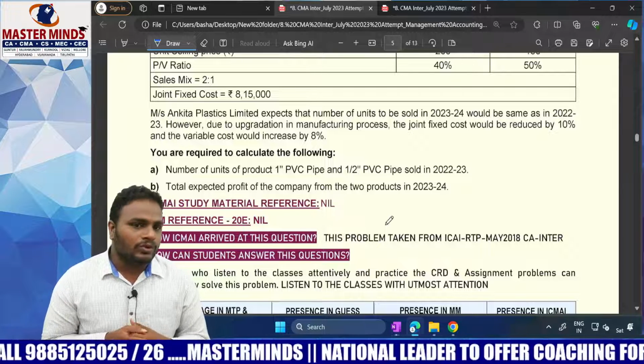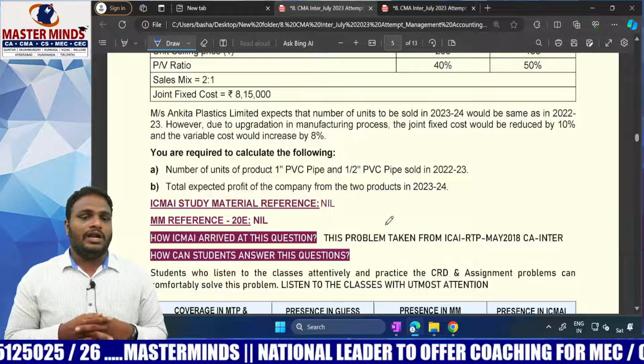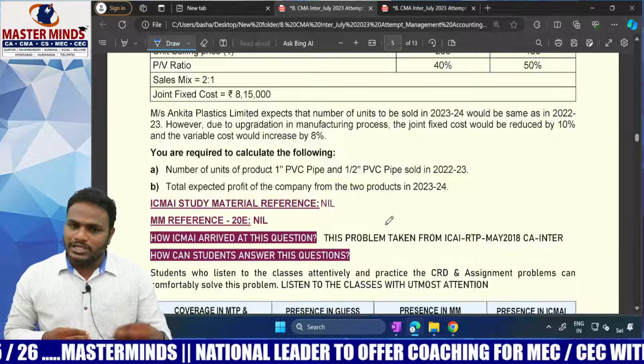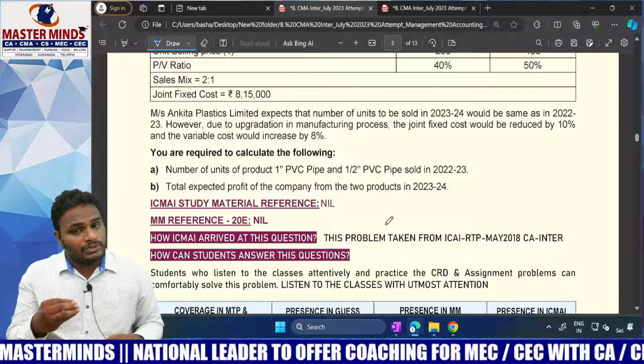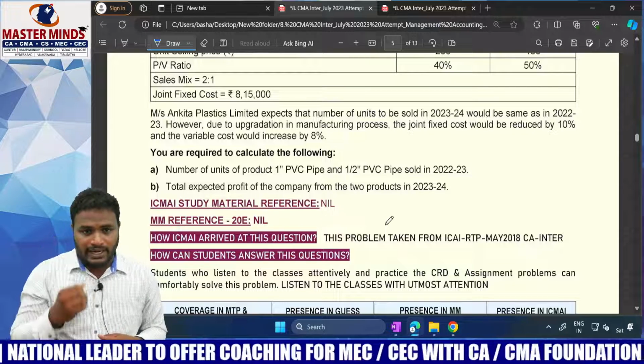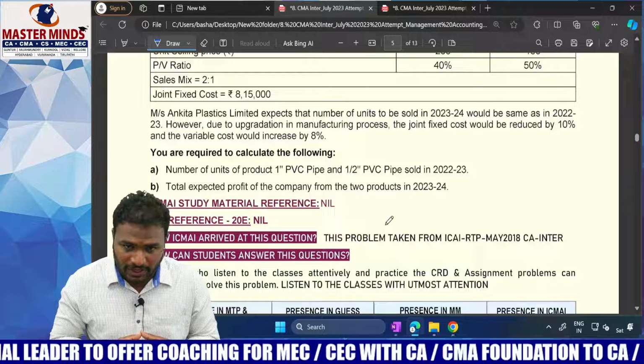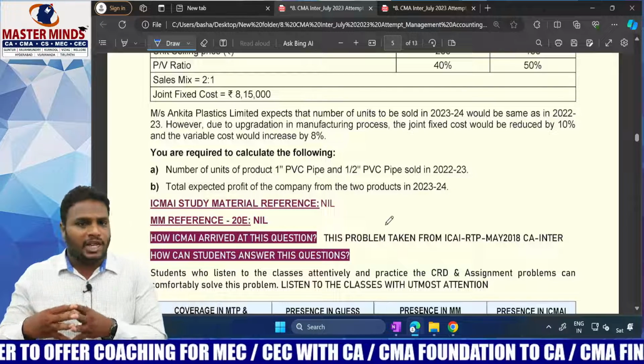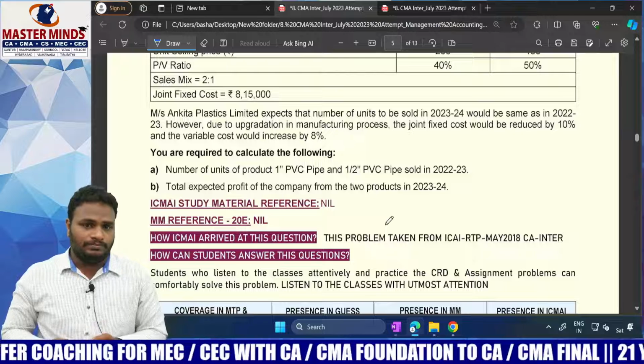You are required to calculate the following: number of units produced of 1 inch PVC pipe and half inch PVC pipe sold in 22-23, and total expected profit of the company from the two products in 23-24.